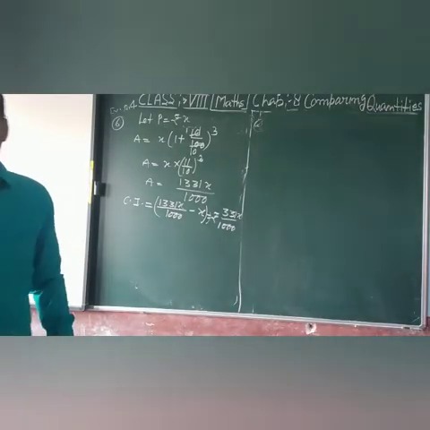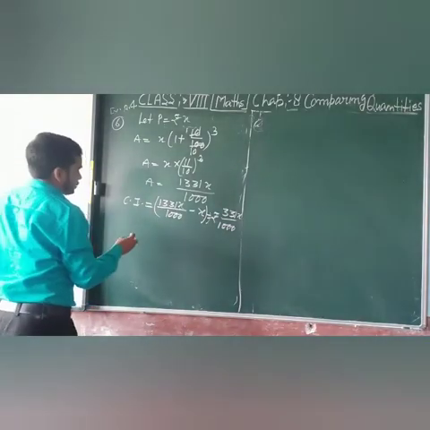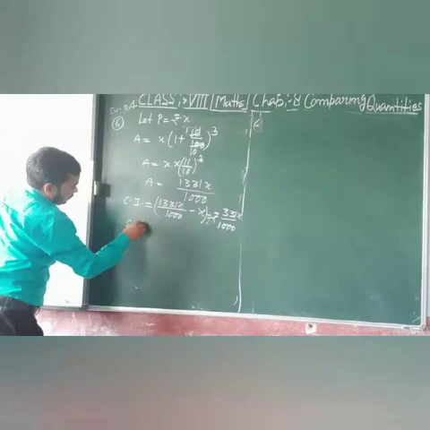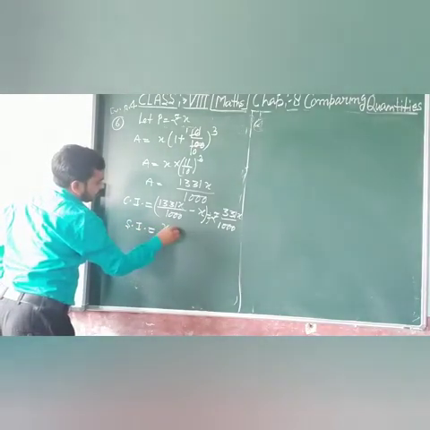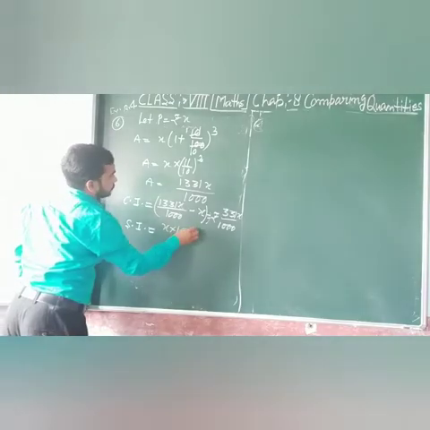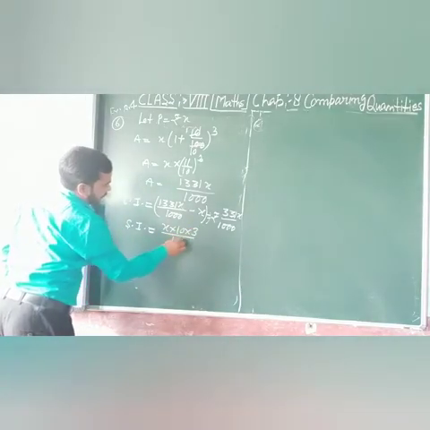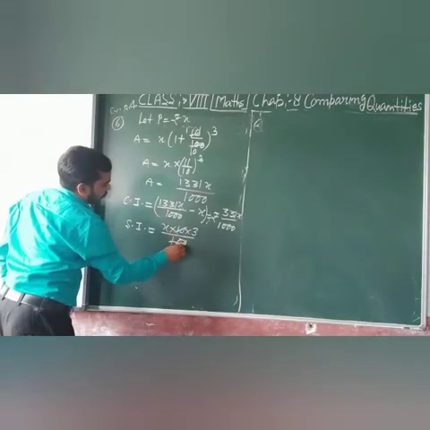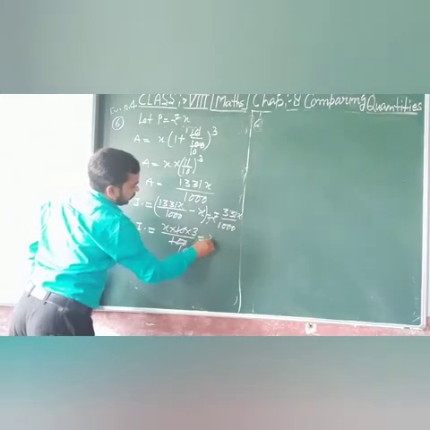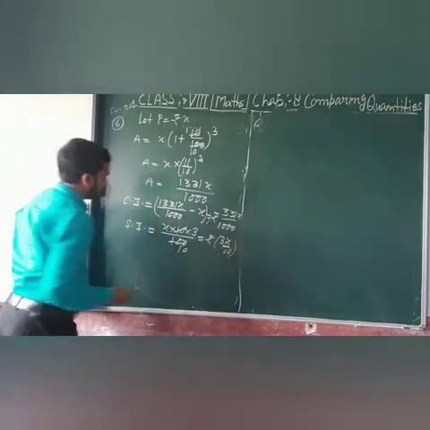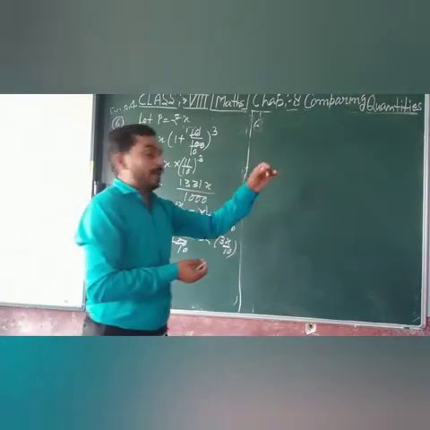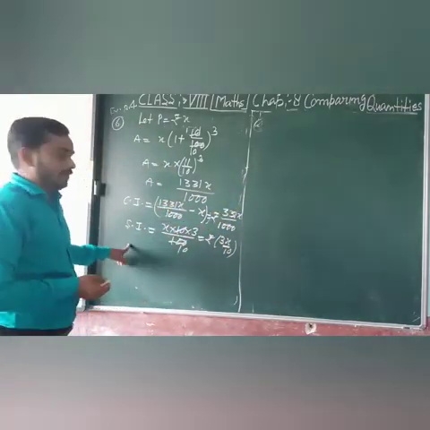Then find out the SI, simple interest. So SI equal PRT upon 100, principal is x, rate 10 times 3 upon 100. So 10 10 is 100, equals 3x upon 10.